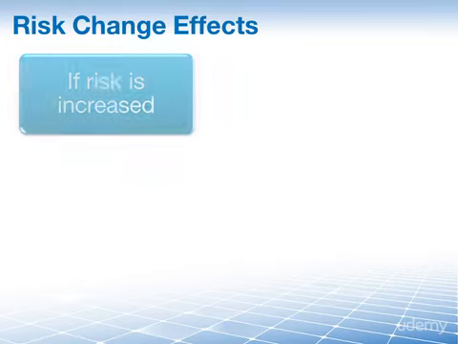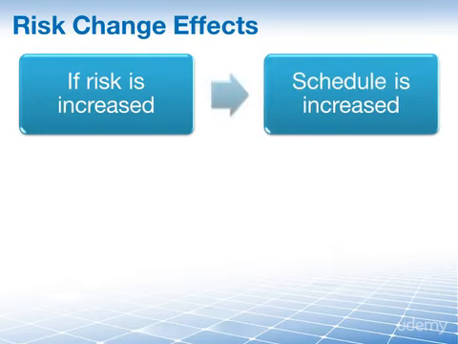For example, if the risk is increased on the project, say if something was surfacing that was not anticipated, so an unknown risk has suddenly crept up, then you as the project team leader may decide, well, we're just going to extend the schedule. It's just going to take us longer to deal with this problem.